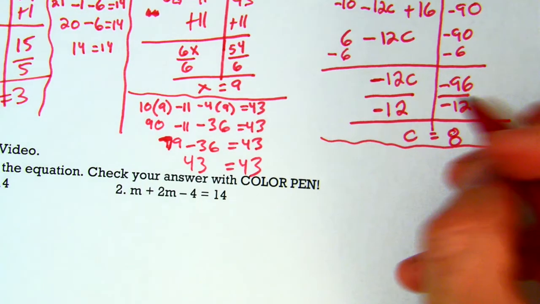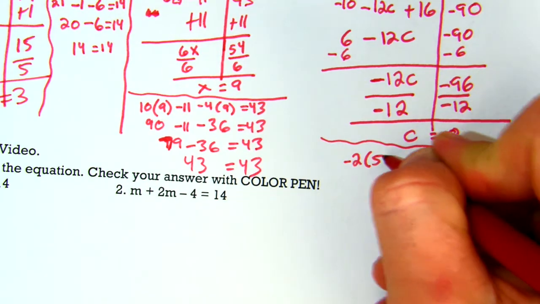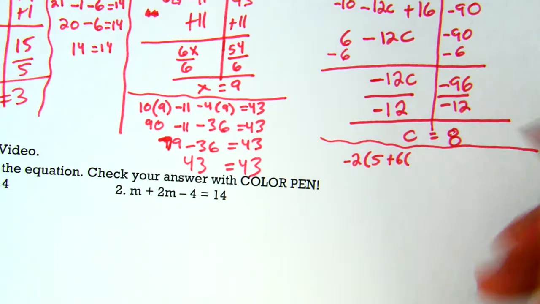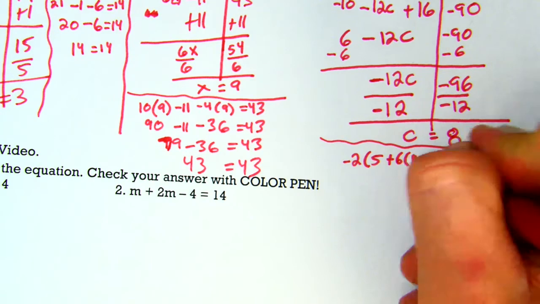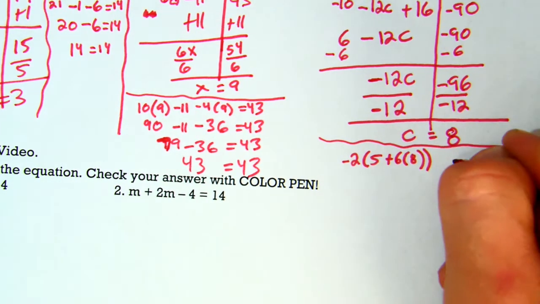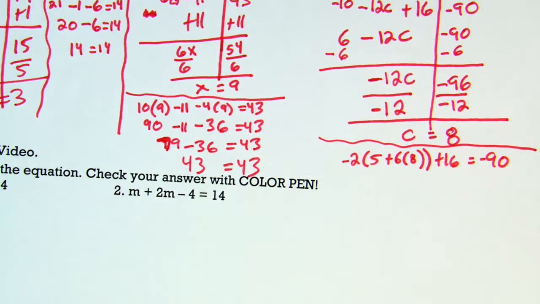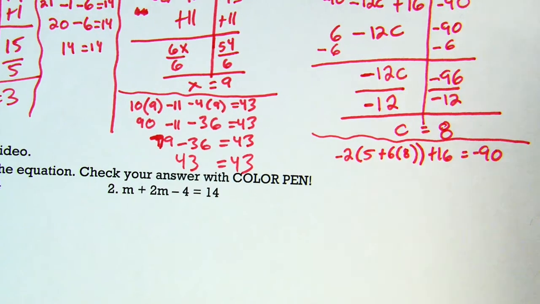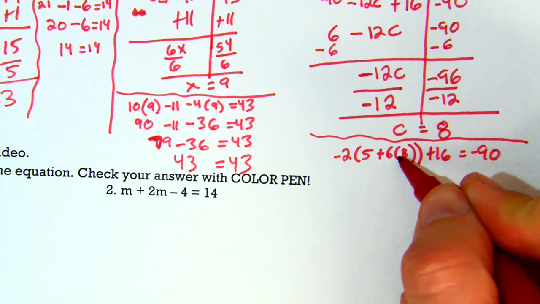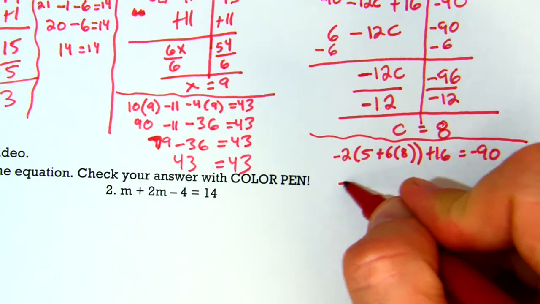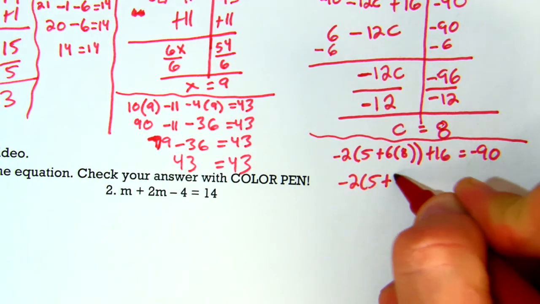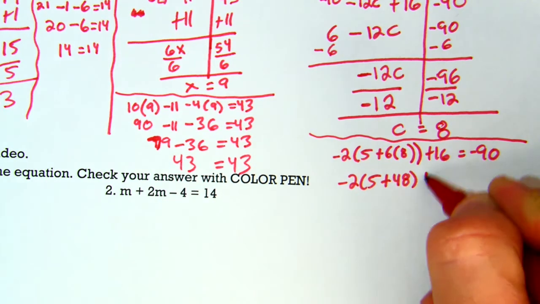So let's plug it back in. We have negative 2 times 5 plus 6 times 8 plus 16 is equal to negative 90. So let's solve what's inside of our parentheses here first. We're going to do 6 times 8. And 6 times 8 is 48. So positive 48 there.